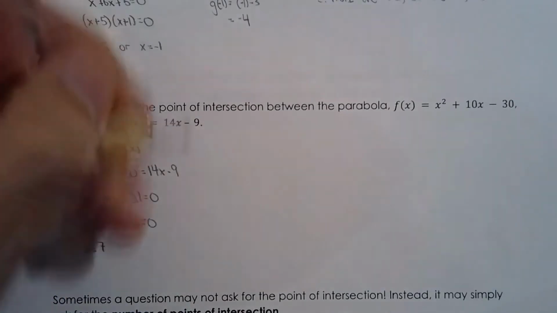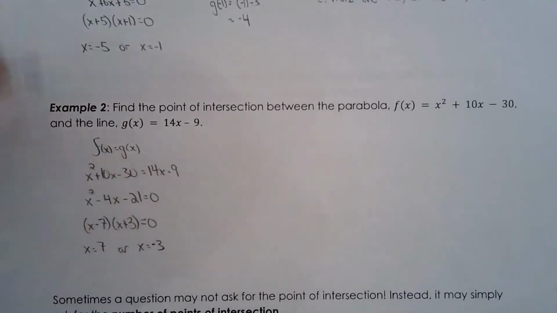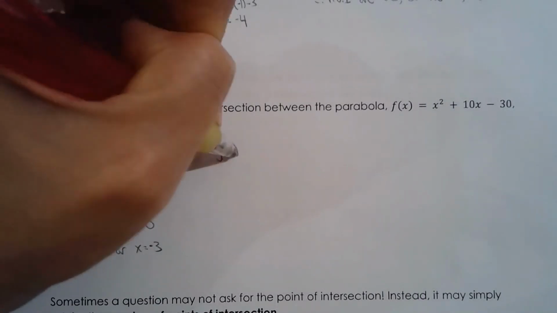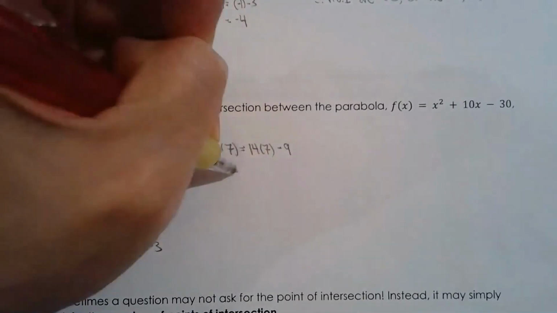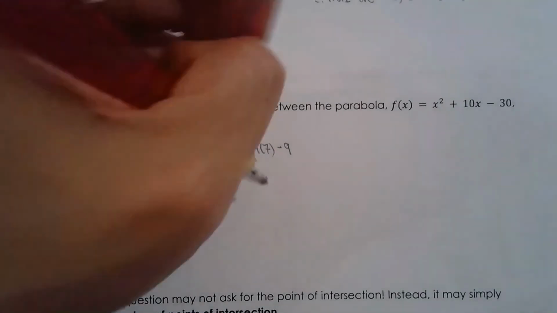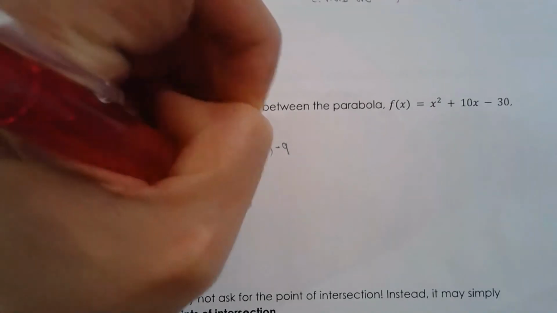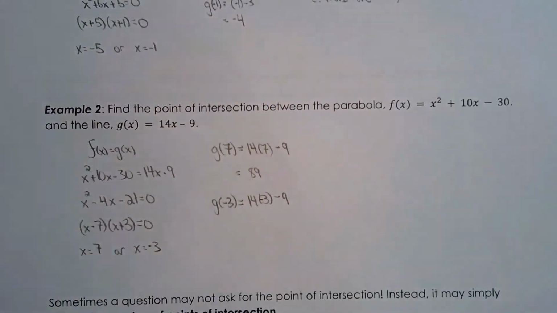So the x-coordinates for the points of intersection are 7 and -3. Once again, I'm going to use the linear function. So g of 7. Let me just quickly check that. Yep, 89. And g of -3.